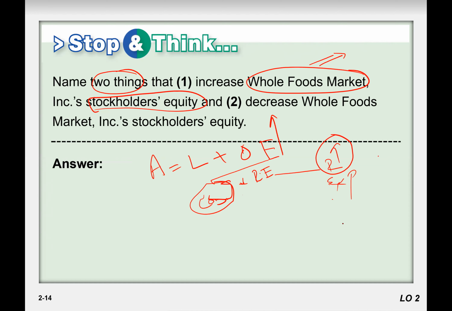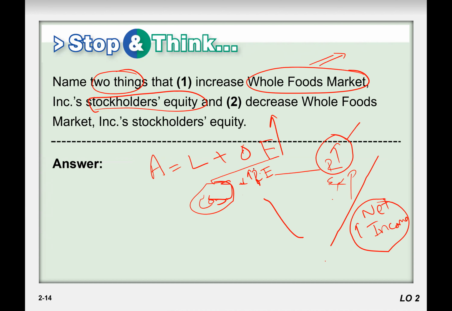Since revenue is a positive addition to what we have, it increases our retained earnings, so that also increases our owner's equity. When revenue increases, revenue minus expenses, net income, increases, right? Net income is directly added to retained earnings. So when retained earnings increase, owner's equity increases.